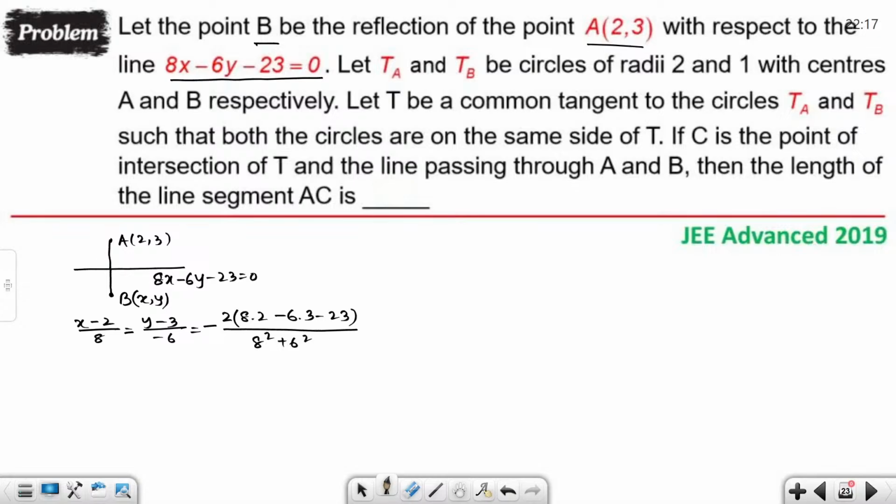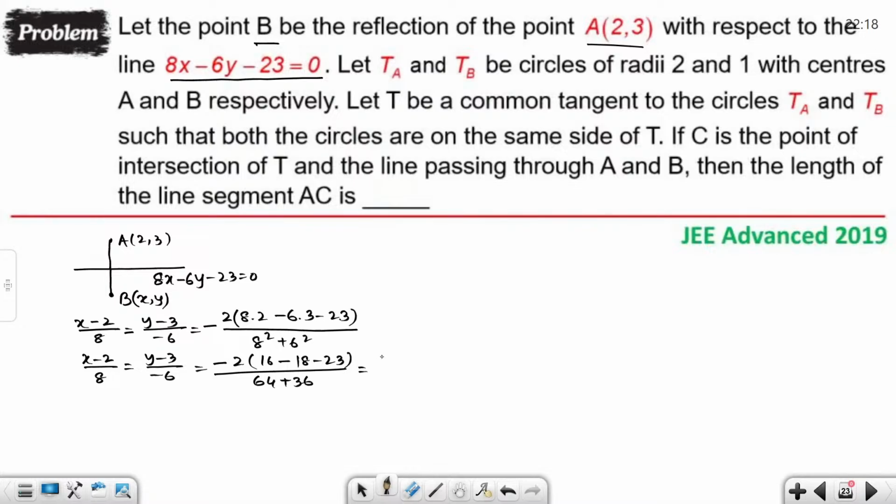This is the shortcut formula for finding out the image of any point with respect to a line. This I have discussed in the straight line chapters. So we are getting (x minus 2) over 8 is (y minus 3) over minus 6 equals minus 2 into (16 minus 18 minus 23) divided by (64 plus 36).